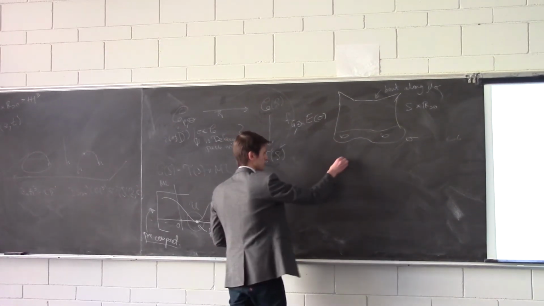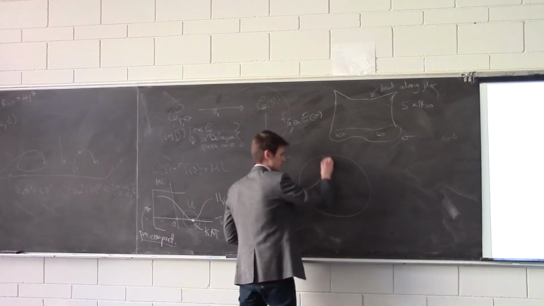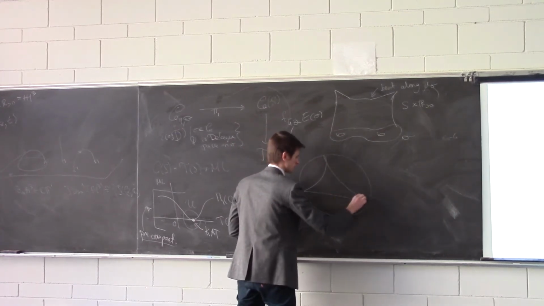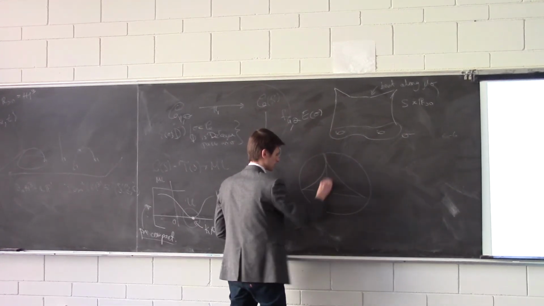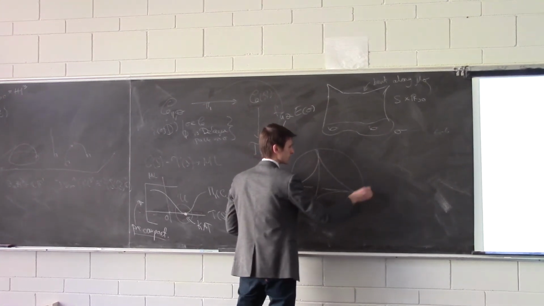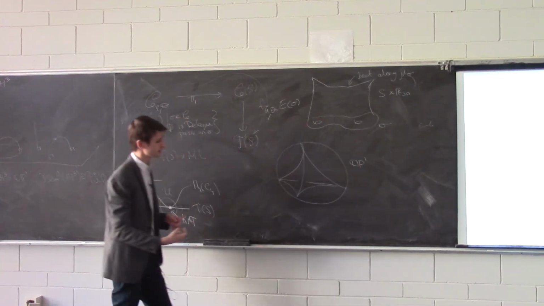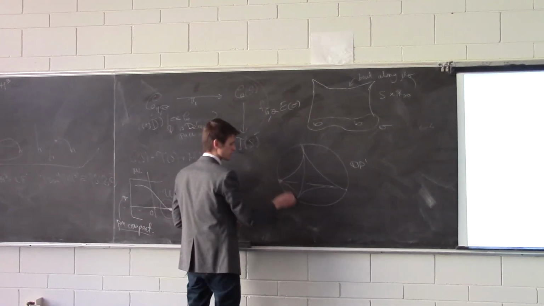Let me try first an ideal polyhedron in general. An ideal polyhedron is something like this. Let's draw this. Think of this as CP1 right here, and the interior is H3. Then an ideal polyhedron in H3 is something that looks like this.